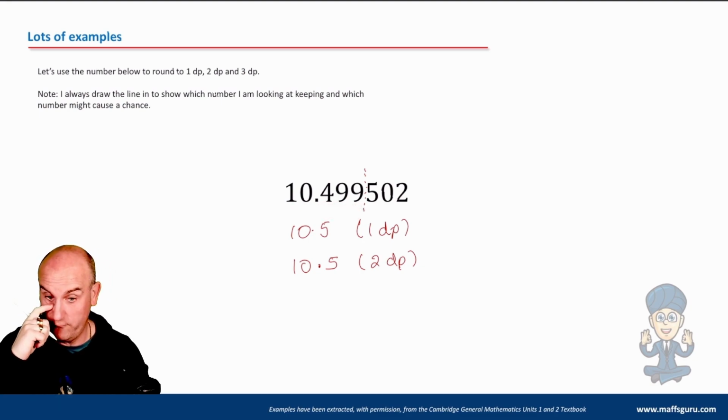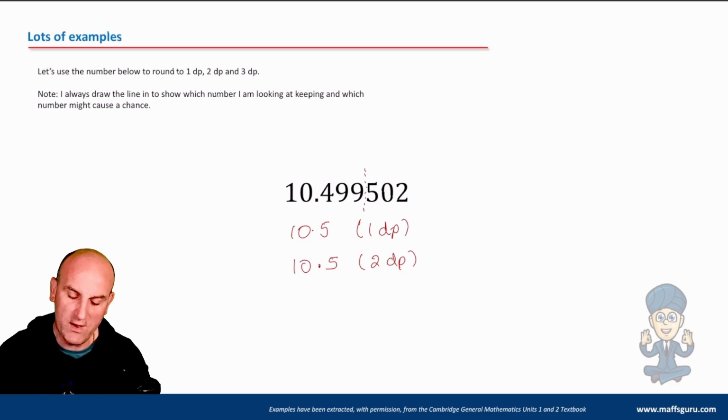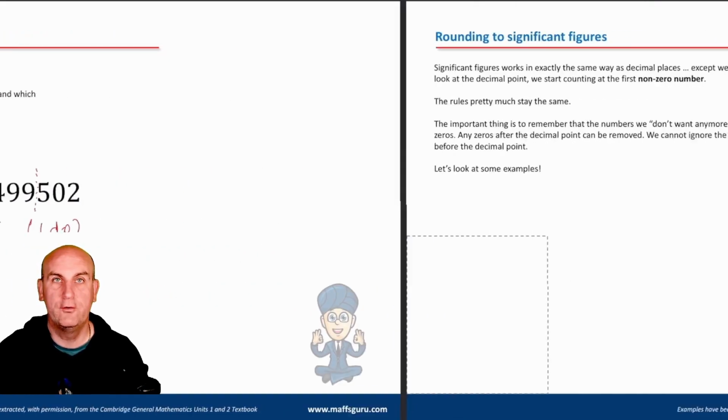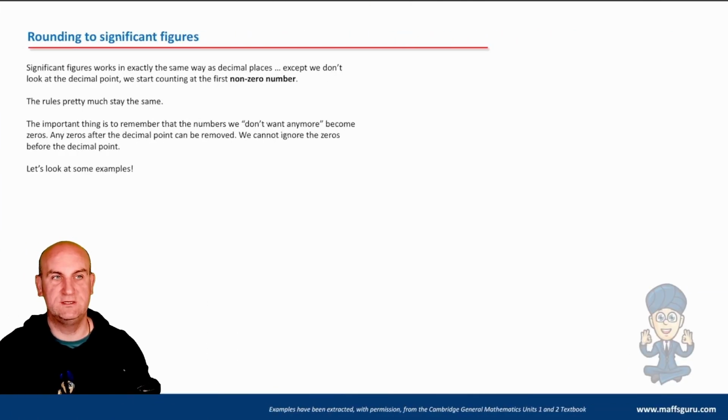And what's one number bigger than 499? 500. Yep, so I'm going to write 10.500. Hold on a minute. Again, those numbers can go. And so 10.5 to 3 decimal places. Now, after that, it wouldn't. 4 decimal places, it would be 10.4995, and you can check that if you wish. But again, those dotted lines make life so much easier.